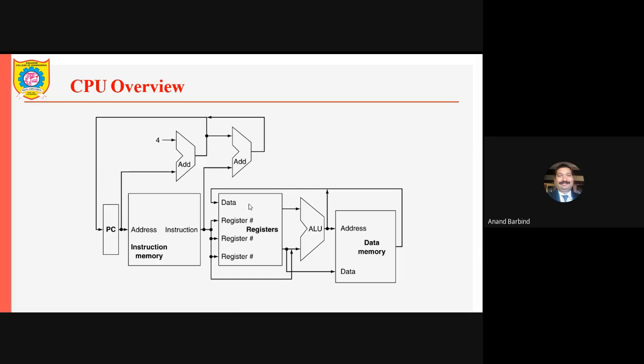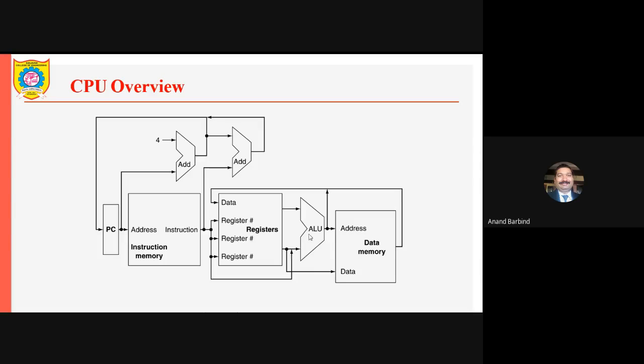So this is the array of registers, and the instruction specifies from which register the data is to be read and given to the ALU, and to which particular register the resultant operation is to be stored. There are as many as 32 registers, and that is called the register file in this particular MIPS processor.